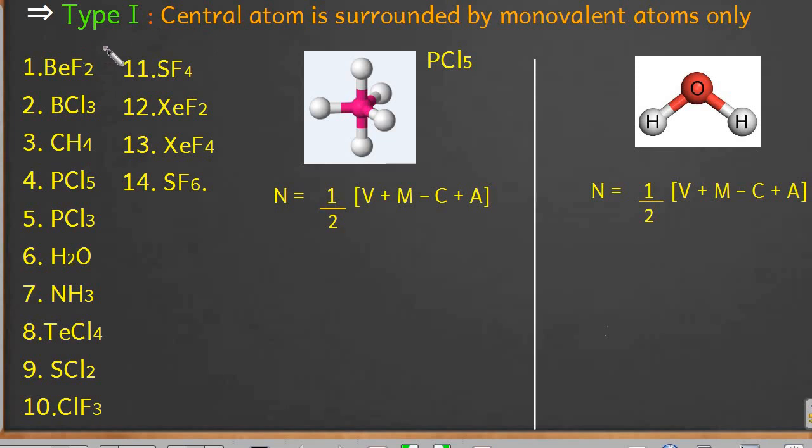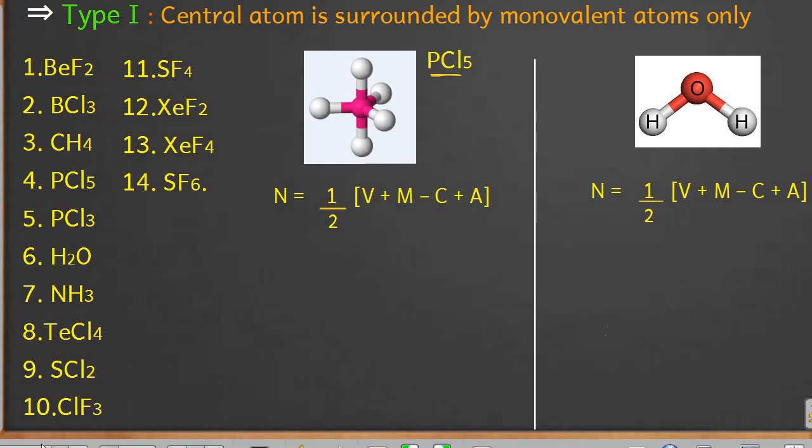The first one is type 1, where the central atom is surrounded by monovalent atoms only. Here we have to know which one is the central atom. For example, consider phosphorus pentachloride.